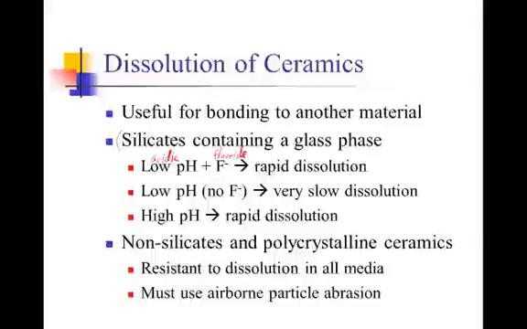If those two are present, we will have rapid dissolution of silicate ceramics. That's because the silicon and the fluorine ions react together to make a complex ion, silicon hexafluoride ion.